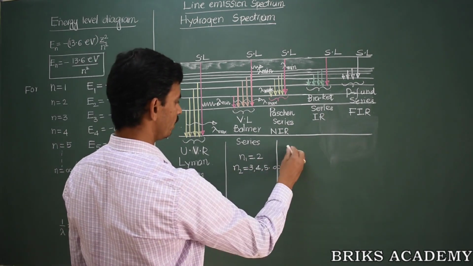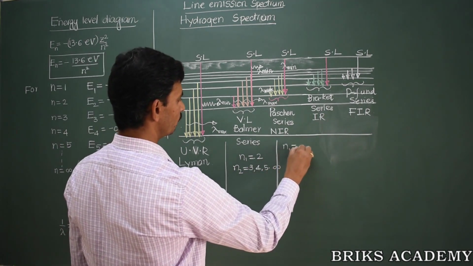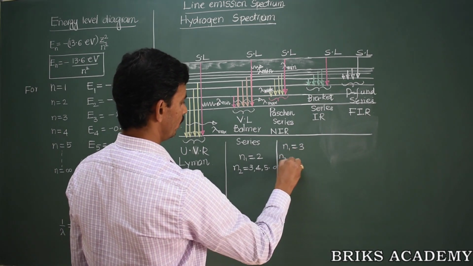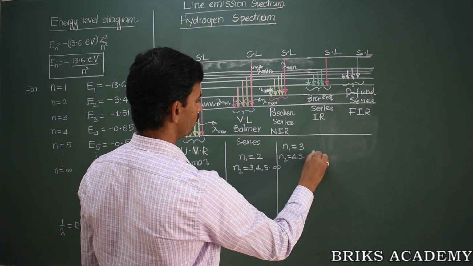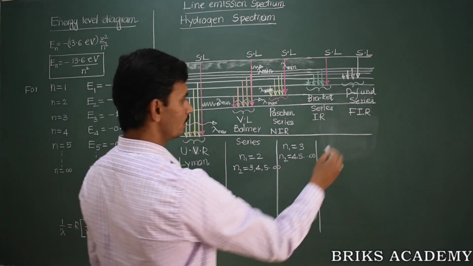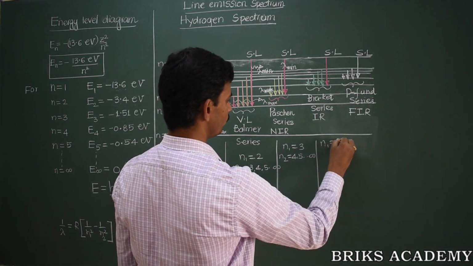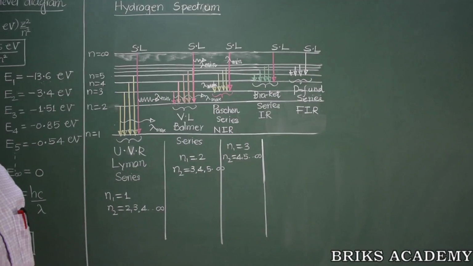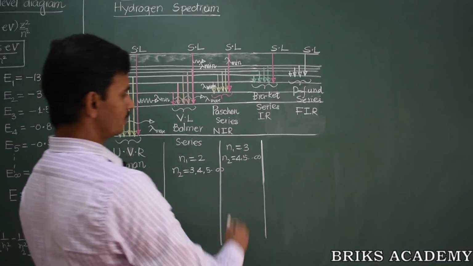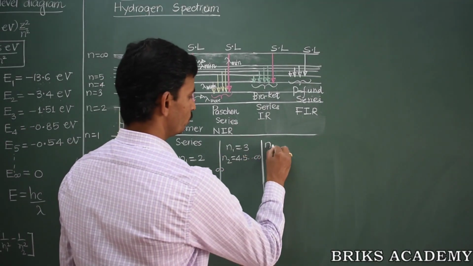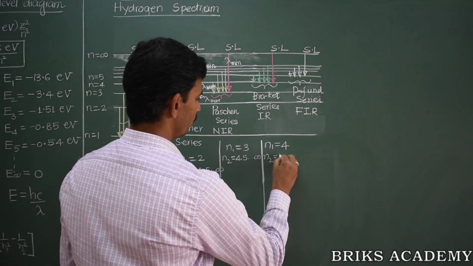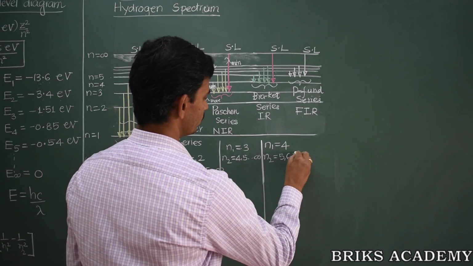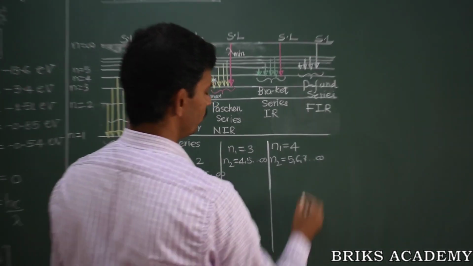Similarly for Paschen series, n1 should be 3, n2 should therefore be 4, 5, 6 and up to infinity. Whereas for Brackett series, n1 is 4, and n2 is 5, 6, 7, up to infinity.